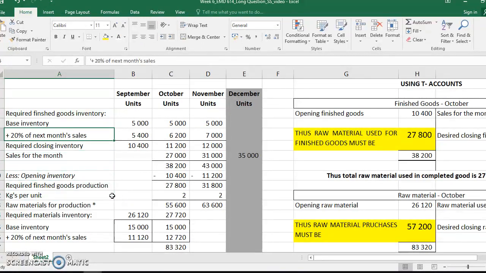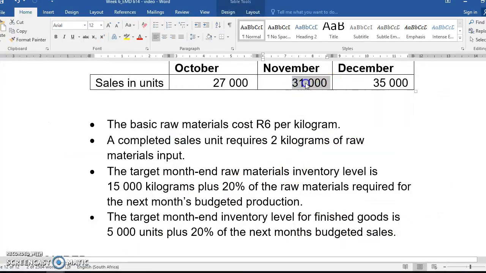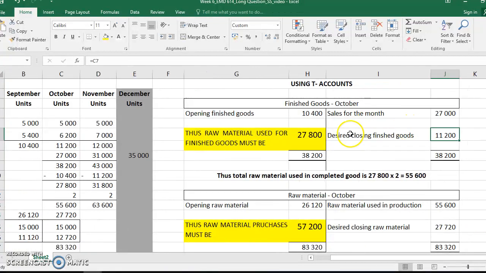We're busy with October, so the next month would be November. November, the question tells us, is going to have 31,000, so 20% of 31,000 would be 6,200. That means at the end of October we need 11,200 in closing inventory, and here is my T account, 11,200 in closing inventory.